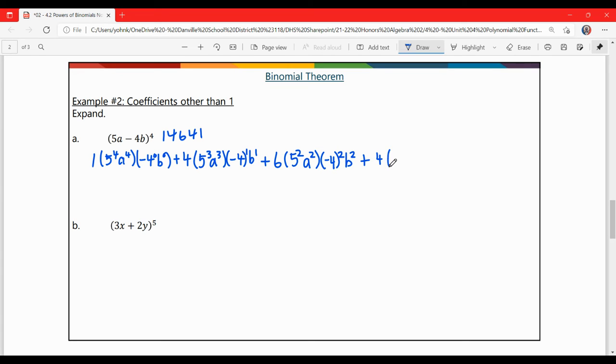Plus 4, take 5 and a down a power. Take negative 4 and b up a power. Plus 1, take 5 and a down a power. Take negative 4 and b up a power.